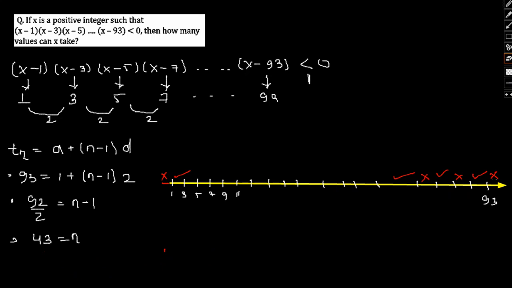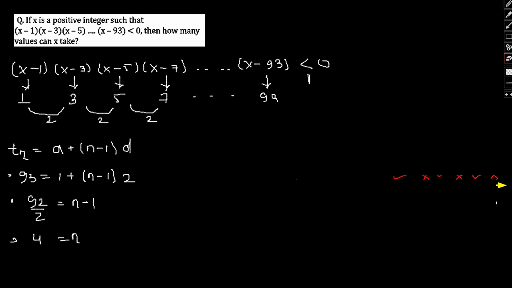Just a second. Let me reiterate this one more time because the dynamic has changed. 92 by 2 is nothing but 46, and 46 plus 1 is 47, so there are 47 such terms.